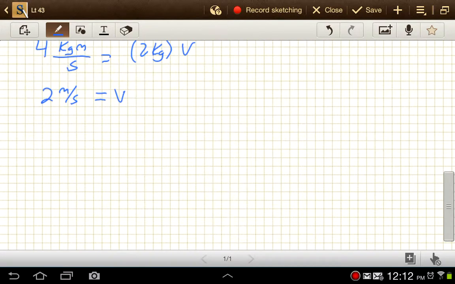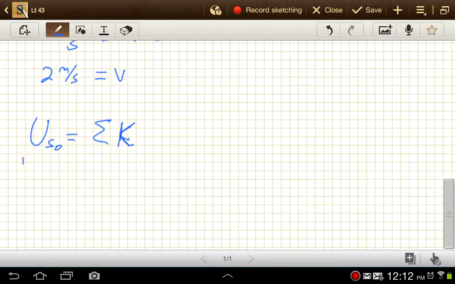So I know that the initial elastic potential energy is going to equal the total final kinetic energy. And make sure that's a capital K there. So we've got 1/2 kx squared, initial, is equal to 1/2 m1 v1 squared, plus 1/2 m2 v2 squared.